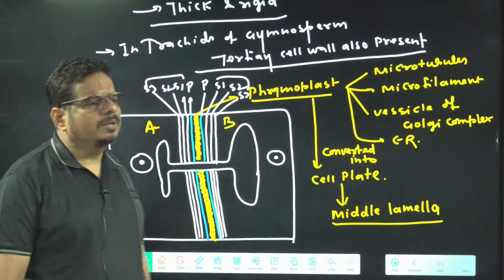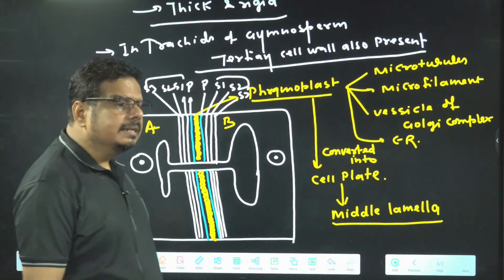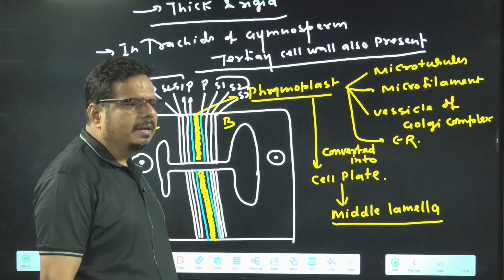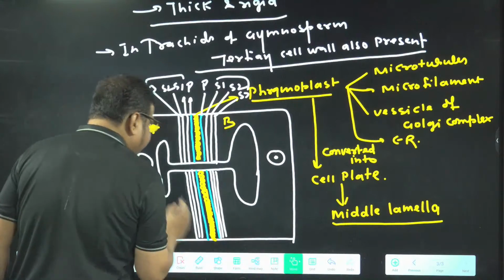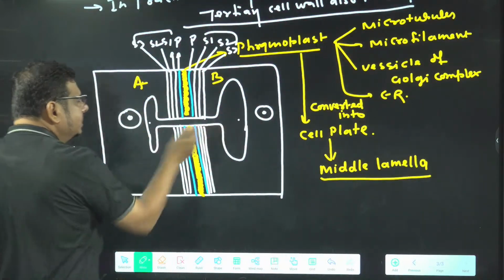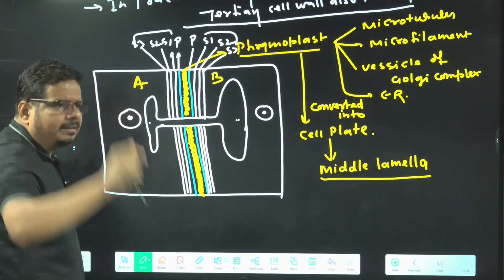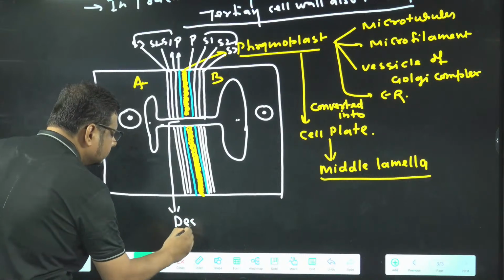Middle lamella is common for both cells, and that is the reason we call middle lamella which one? Cell cement, and it is made up of calcium and magnesium pectate. And the endoplasmic reticulum is common, passing from one cell to another cell, na? Right? This lumen is called desmotubule.